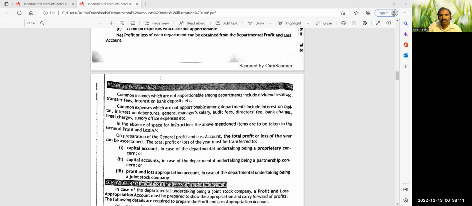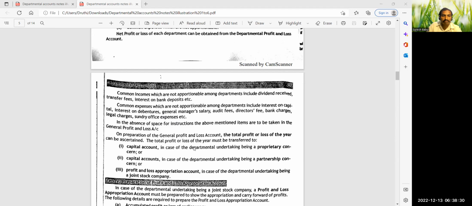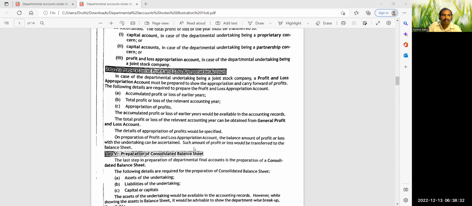That is the reason why these expenses are recorded on the debit side of the general profit and loss account. Remember, very, very important. Interest on capital, once again I am repeating, interest on debentures, general manager salary, audit fees, everything is printed over here. Please practice. It's very, very important.